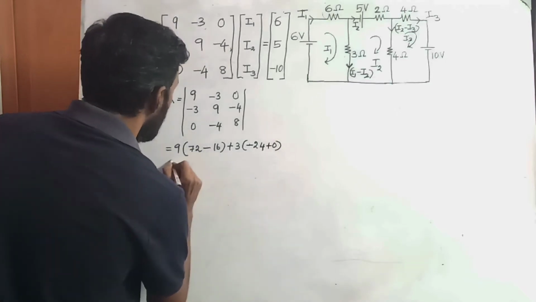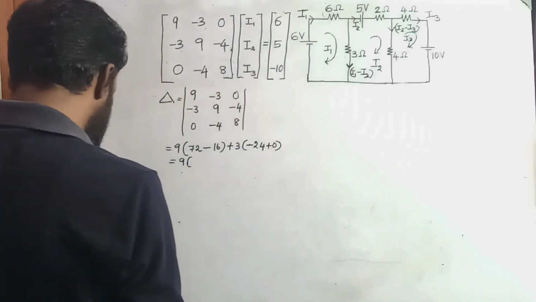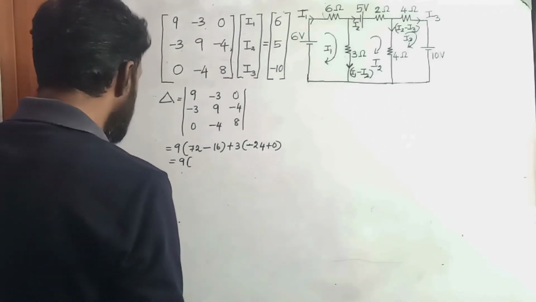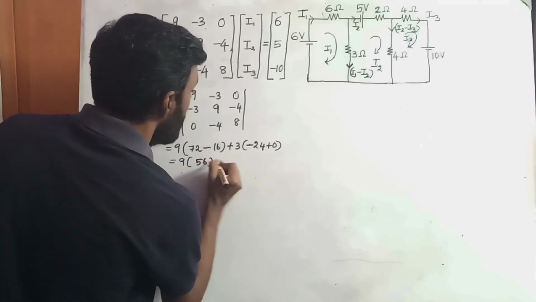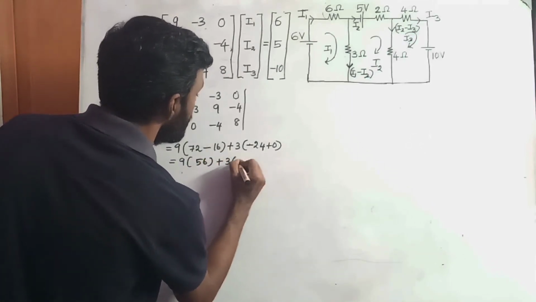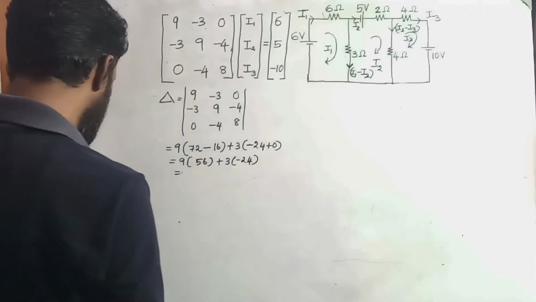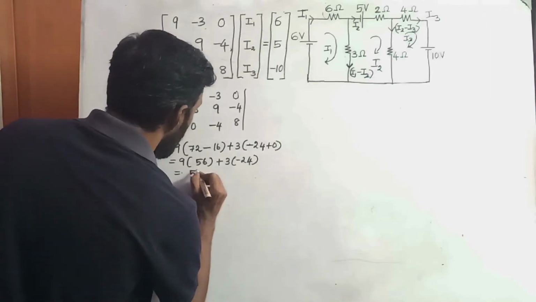So 9 into 72 minus 16. 72 minus 16 is 56, plus 3 into minus 24. So 56 into 9 equals 504.